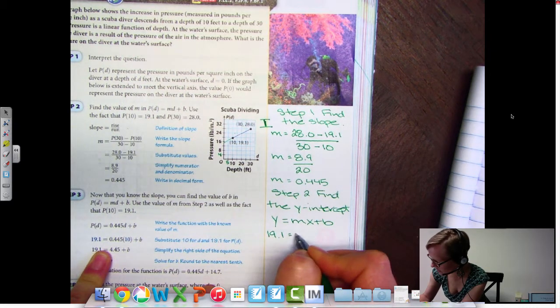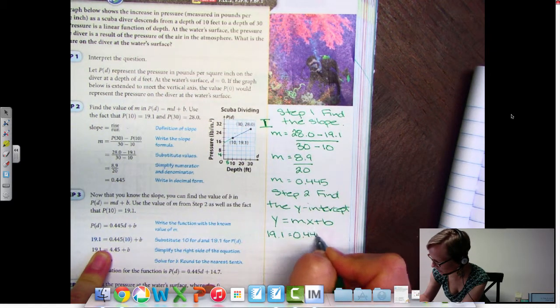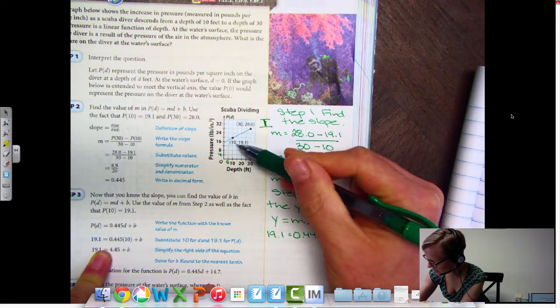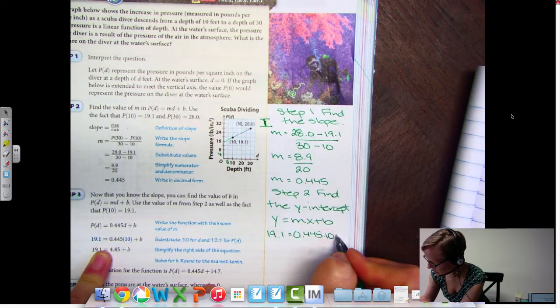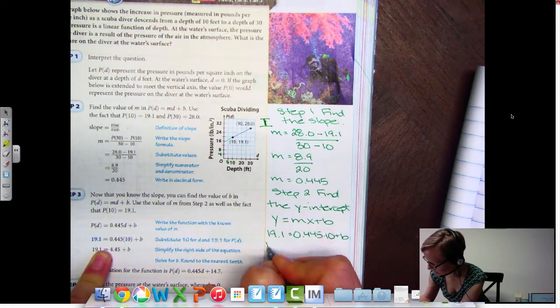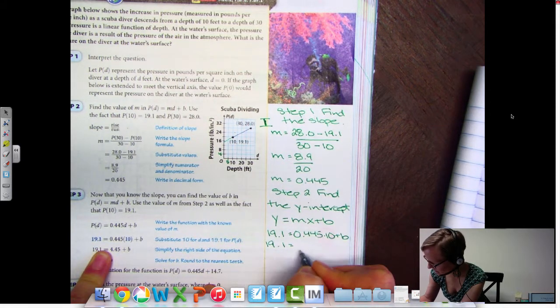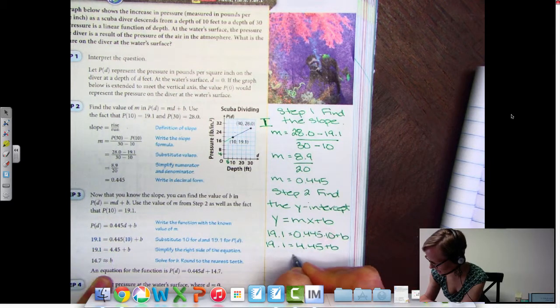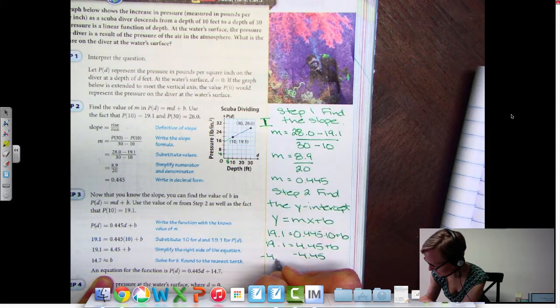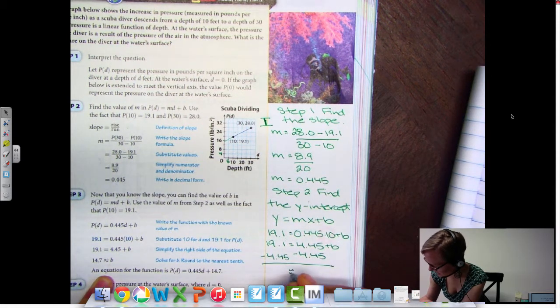equals the slope we just figured out, 0.445, times 10 plus b. And then they solved: 19.1 is 4.45 plus b. They subtracted 4.45 from both sides, and then they get that b is approximately 14.7.